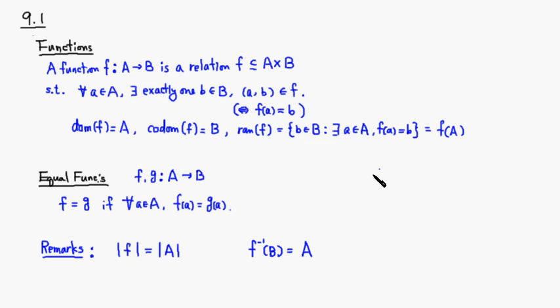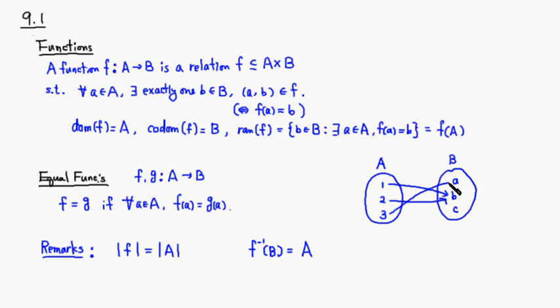Maybe we should draw a picture. Let's say if you have function f, so A would have some elements. Let's do a simple one, 1, 2, 3, and B would have a few elements, say a, b, c, right? So 1 could be mapped to b, and 2 could be mapped to b, and maybe 3 could be mapped to a, right?